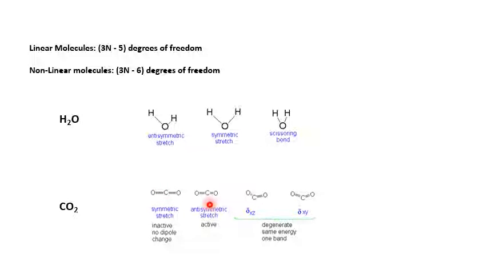The antisymmetric stretch is IR active. These two modes are the bending modes of the carbon dioxide molecule, and they are degenerate, with the same energy. So you will understand how to calculate the degrees of freedom, and that not all degrees of freedom have to be IR active. Only those associated with a change in the dipole moment will be IR active.